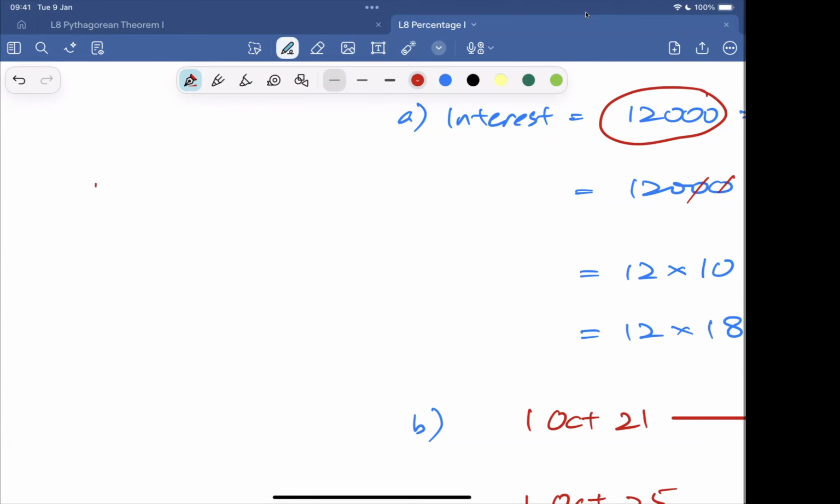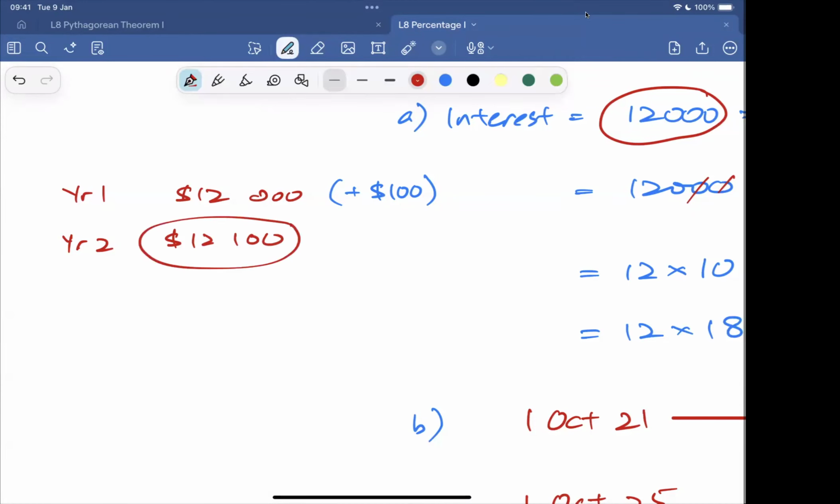For example, year number one, you start with 12,000. Let's say after year 1, you get an interest of $100. Let's keep it simple. Then in year 2, this is the amount of money that you have, right?